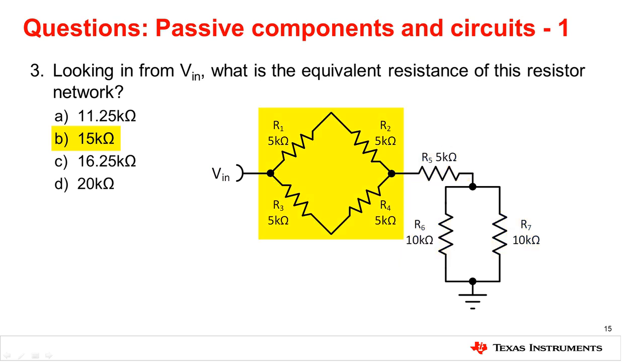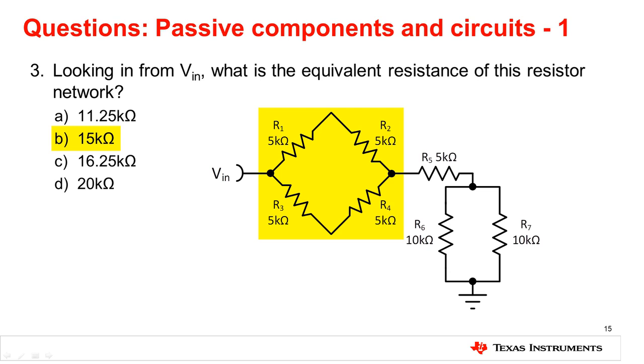Finally, consider the resistor bridge formed by the four remaining 5 kiloohm resistors. R1 and R2 are in series and form a 10 kiloohm equivalent resistance. The same is true of R3 and R4. Taking the equivalent resistance of R1 and R2, along with R3 and R4, we have two 10 kiloohm resistors in parallel.